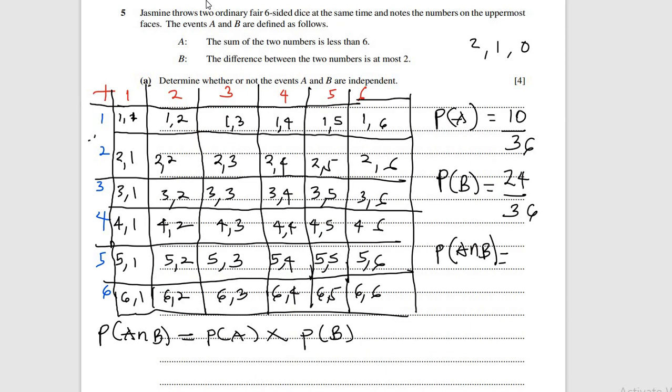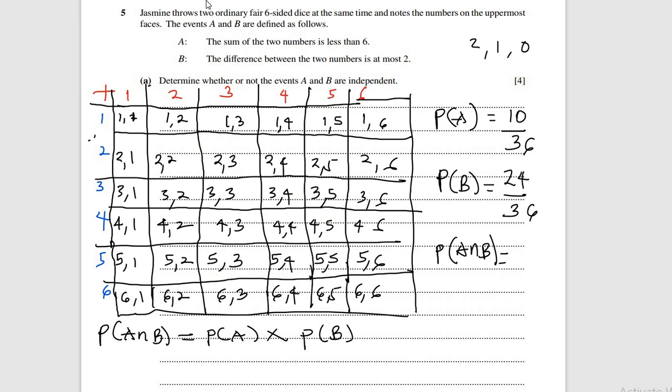A intersection B simply means the sum of the two numbers is less than 6, and the difference between the two numbers is at most 2. When you add those two numbers, they must be less than 6. When you subtract them, the difference must give us 2, 1, or 0.